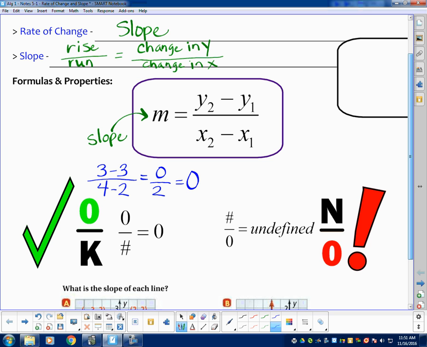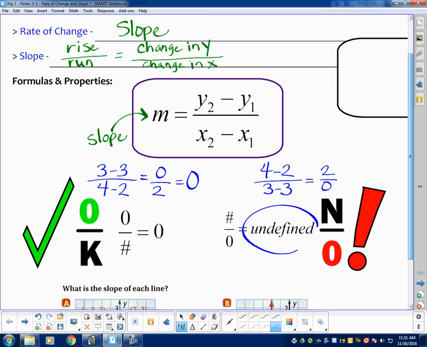If the slope ends up with the 0 on the bottom, you cannot divide by 0. If you do that in your calculator, 2 divided by 0, what do you get? Error. It doesn't equal 2.